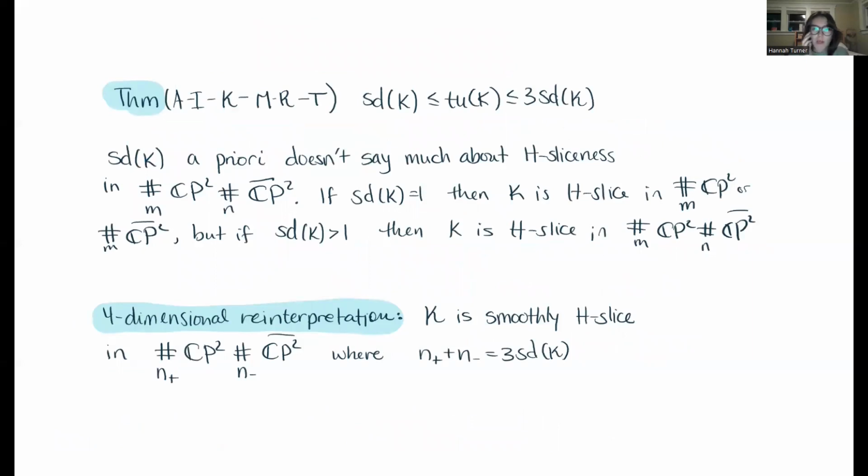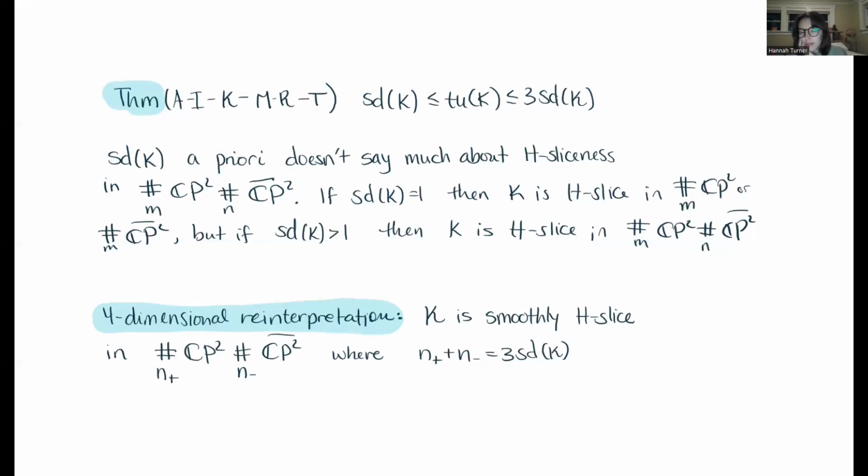So I want to talk about this theorem one more time, but from a 4-dimensional perspective. I didn't mention the surgery description number on the previous slide. This invariant, on the face of it, doesn't say a lot about H-sliceness in connected sums of CP2s and CP2 bars, except if the surgery description number is 1, then you know that your knot is H-slice in just a connected sum of CP2 bars or just a connected sum of CP2s.